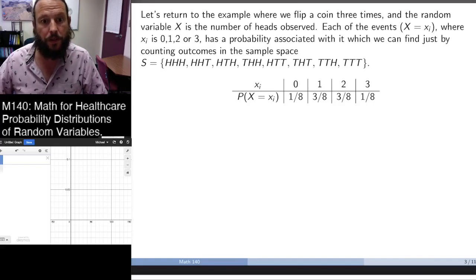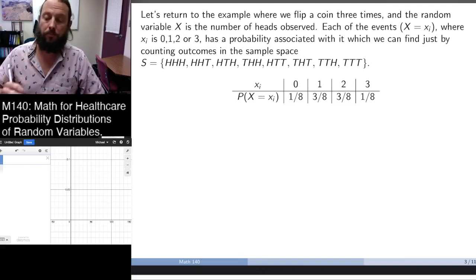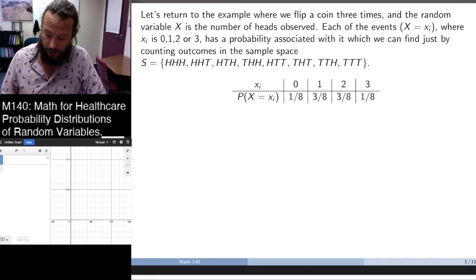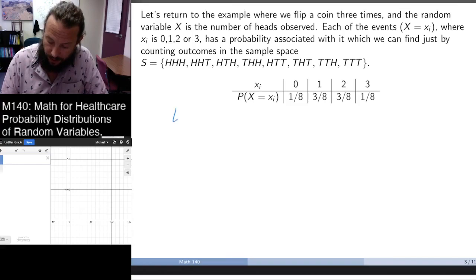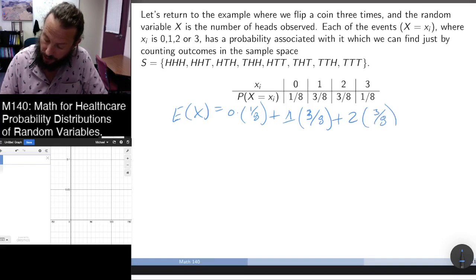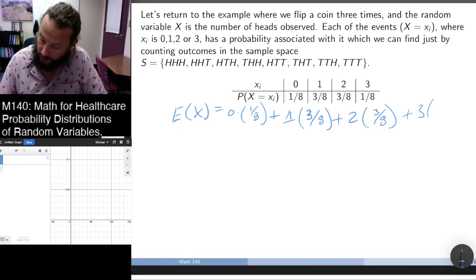Turns out that it is basically just what we call a weighted average. You have 0 happens 1/8 of the time, so 0 times 1/8, plus 1 happens 3/8 of the time, plus 2 happens 3/8 of the time, and 3 happens 1/8 of the time.